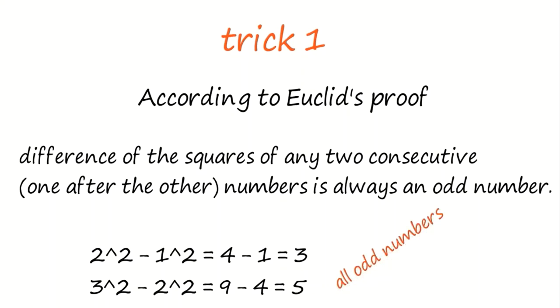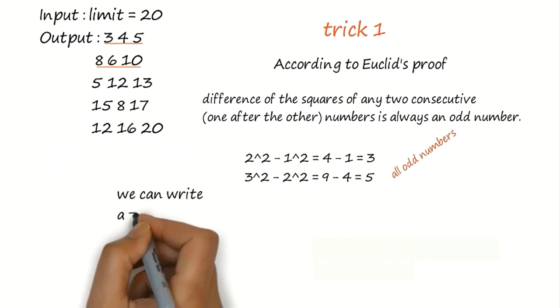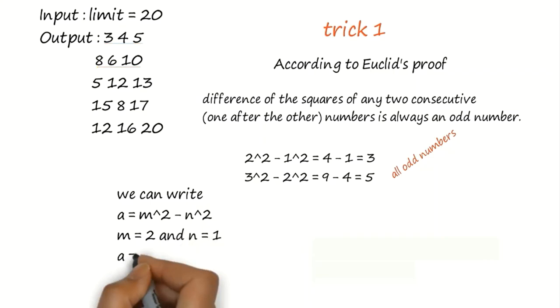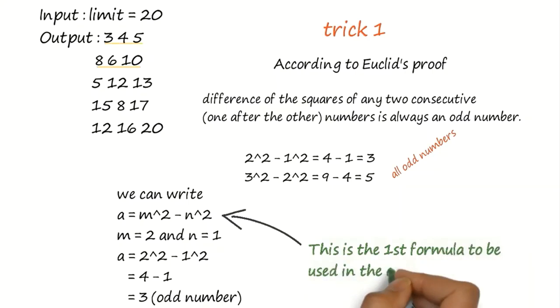All are odd numbers. So now I will formulate this concept by writing a equal to m square minus n square, where m and n are two consecutive numbers. As a result we will get 3, which is definitely an odd number, and I will use this formula in my C program.